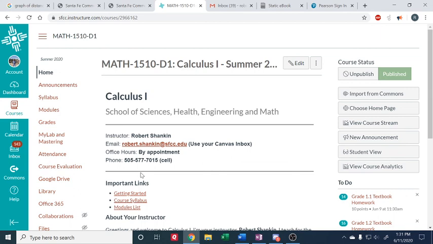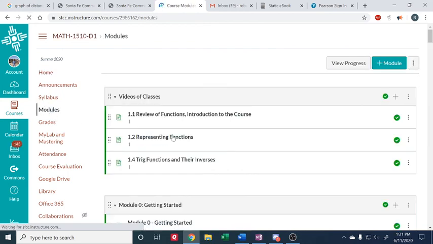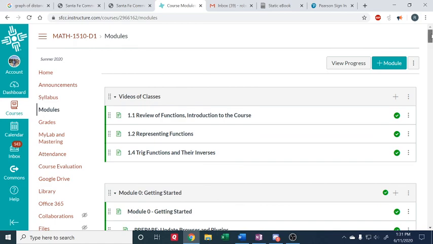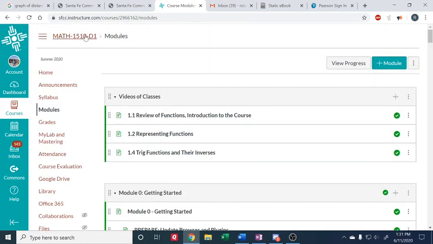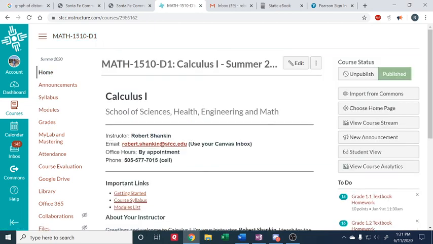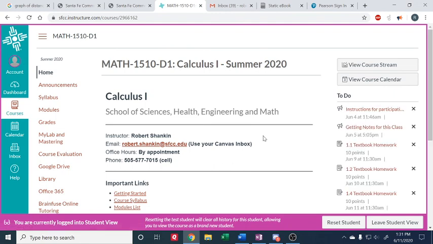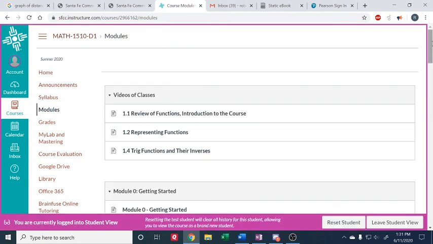So let me go into the modules, and let me get into student view first.